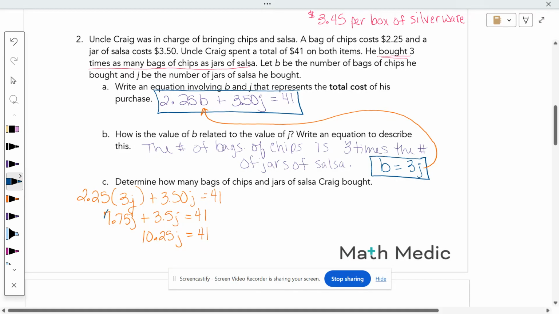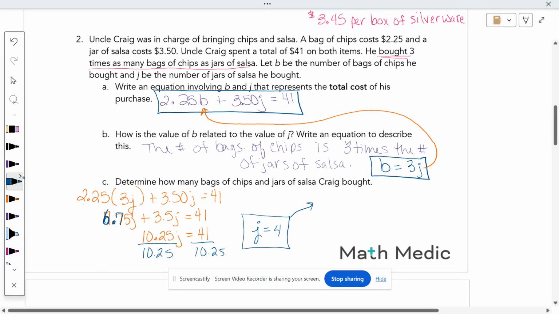I'm going to stop for a second. This is 6.75. 2 times 3 is 6, so this is 6.75. Sorry about that. There I have 10.25. Divide both sides by 10.25. And I find out that J equals 4. He bought 4 jars of salsa.